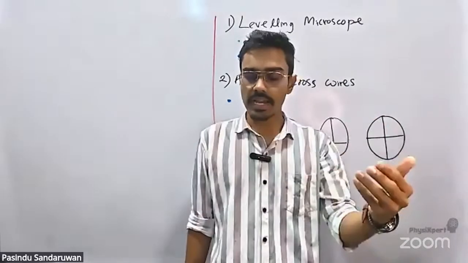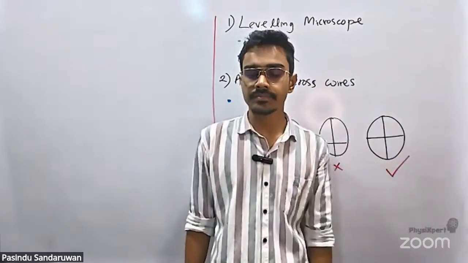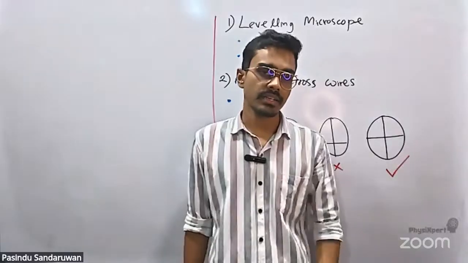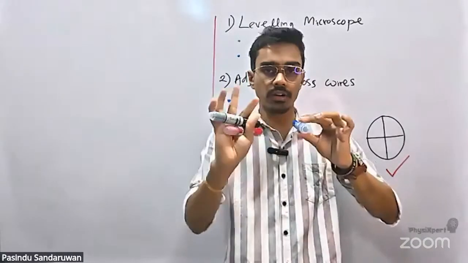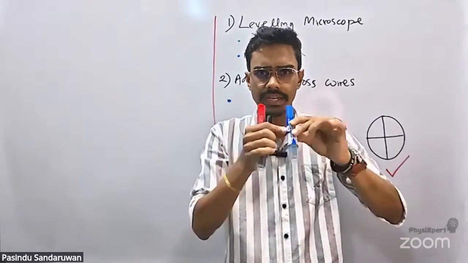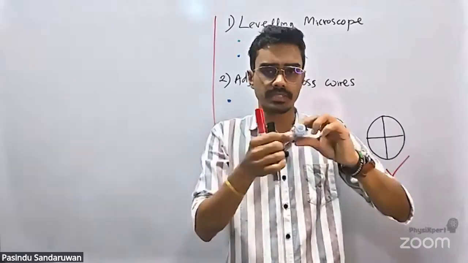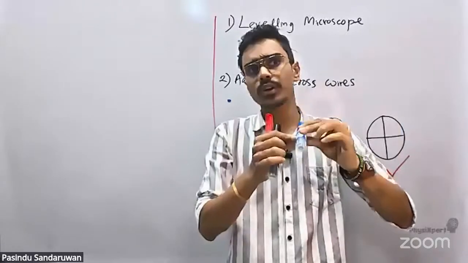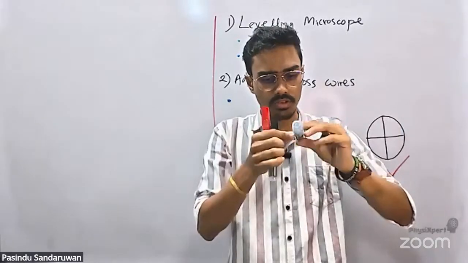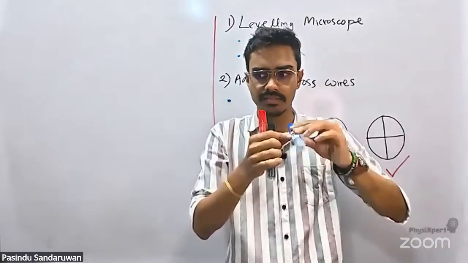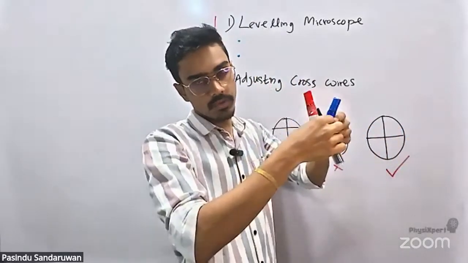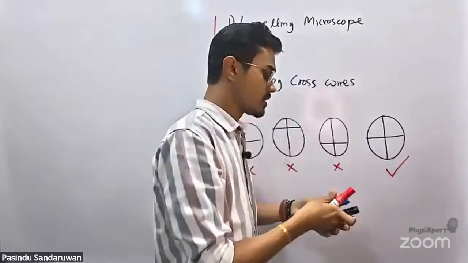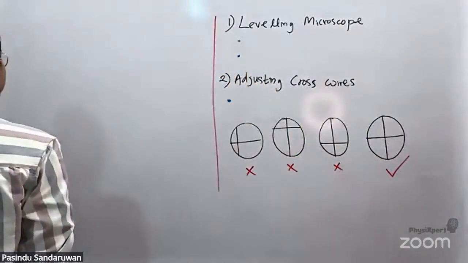So once the setup is done, it looks like this. If you need to rotate this, the microscope part can be rotated around this pivot point. Now, once it is rotated, this is how it looks.